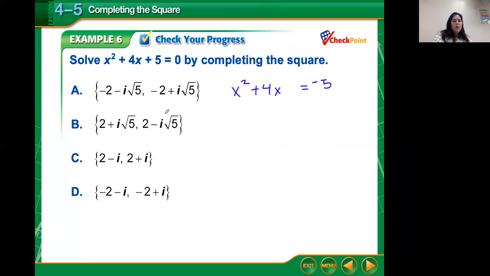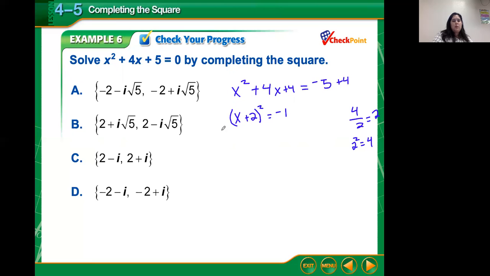We're going to take half of our b value, which is 4. So half of 4 is 2. 2 squared is 4, so we're going to add 4 to both sides. And so we end up with x plus 2 squared equals negative 1.